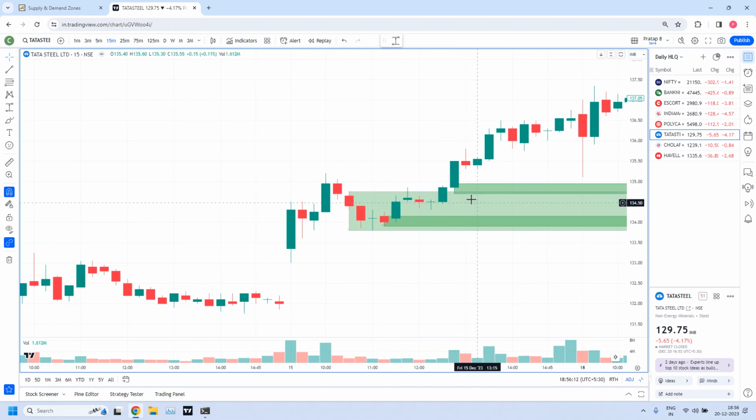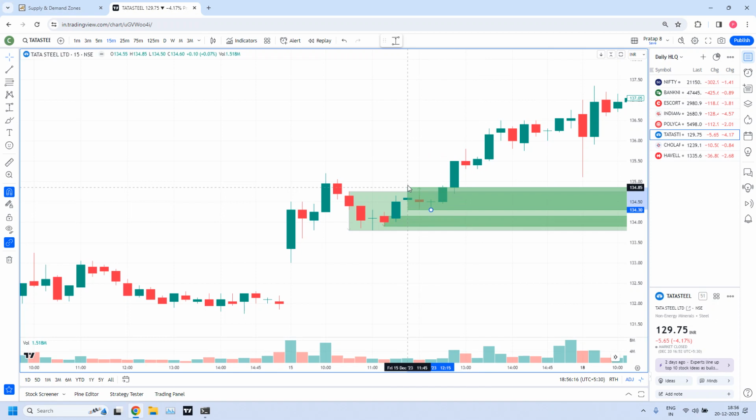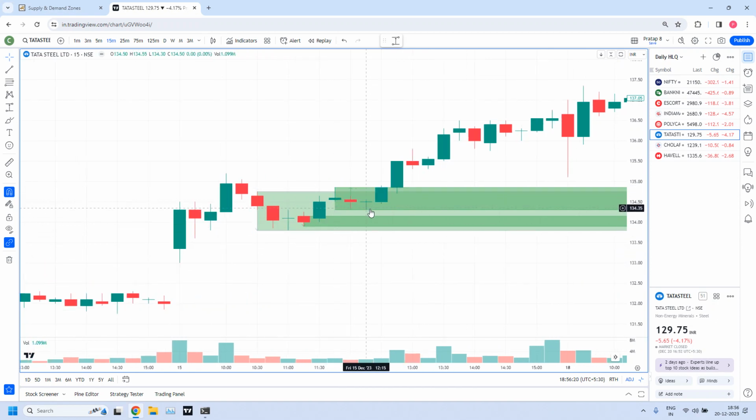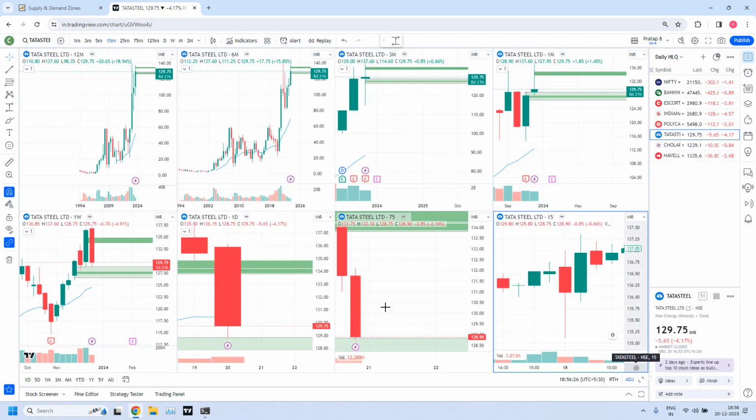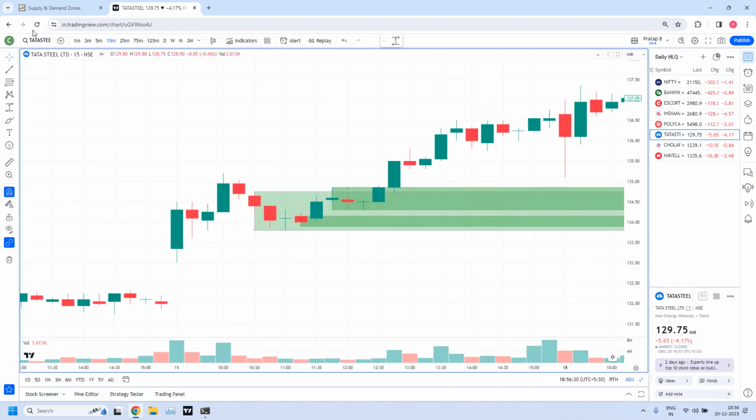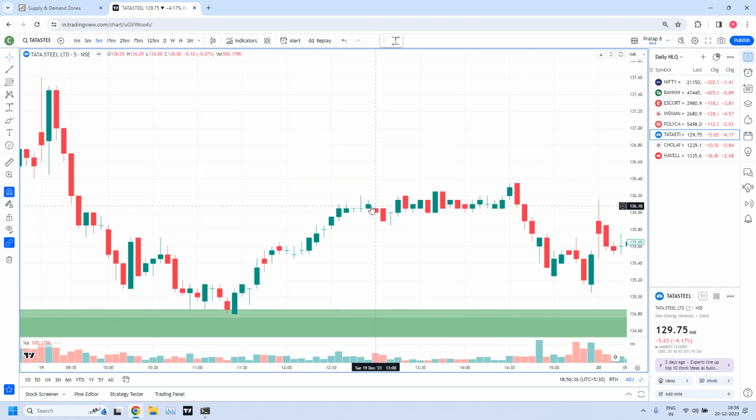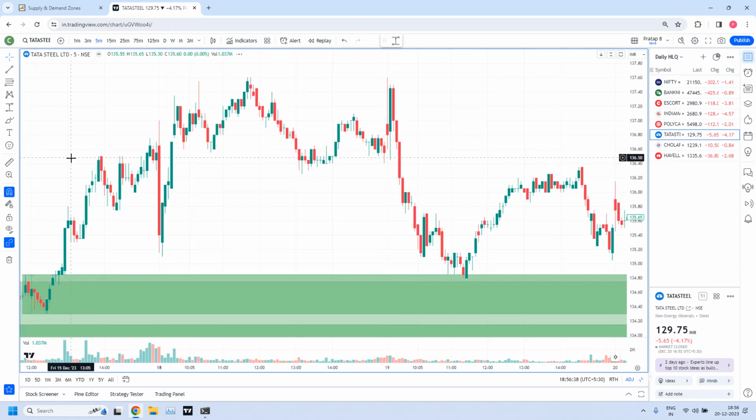Here we have one 15-minute zone like this. And this 15-minute zone, again you have to fine tune. So let me change the time to 5 minutes. From 15 minutes we fine tune to 5 minutes.